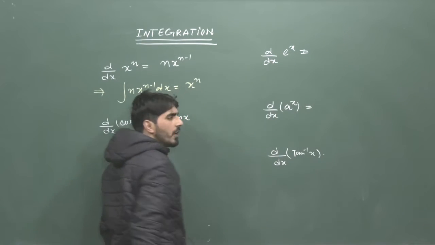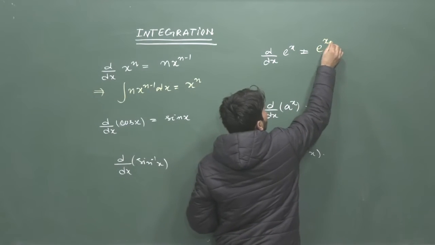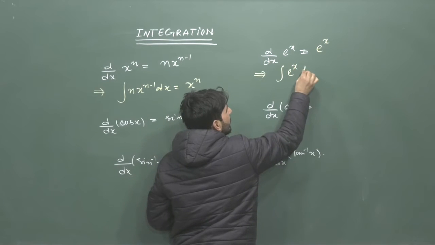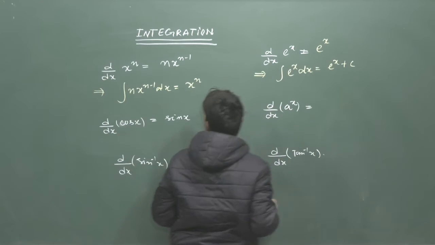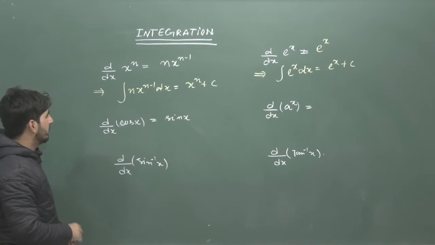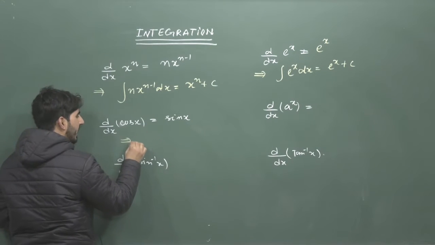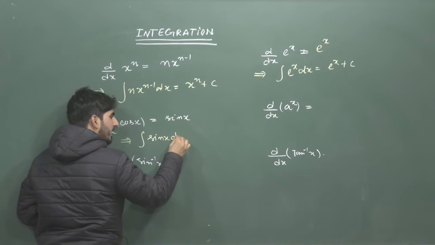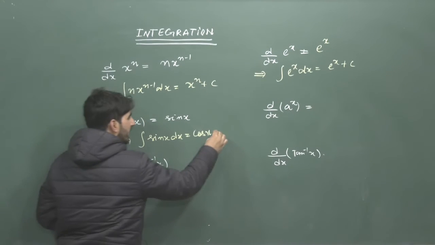Here differentiation of e raised to power x, we know that is e raised to power x. Thus we can say here integral of e raised to power x with respect to x is e raised to power x plus c. Here there is also c, and differentiation of cos x is sin x. Here we can write integration of sin x dx is equal to cos x plus c.